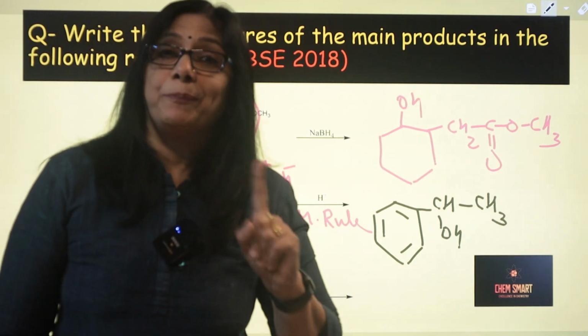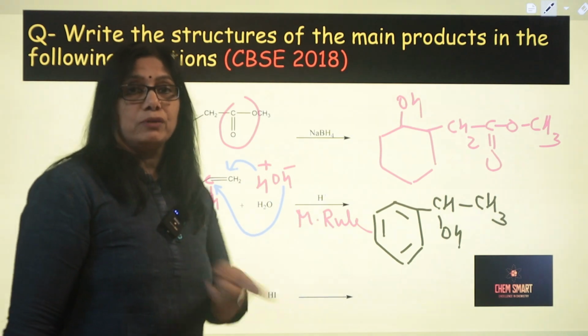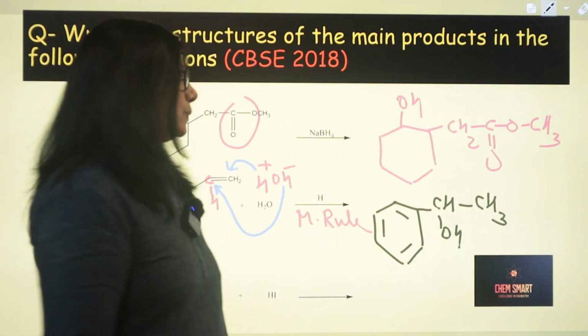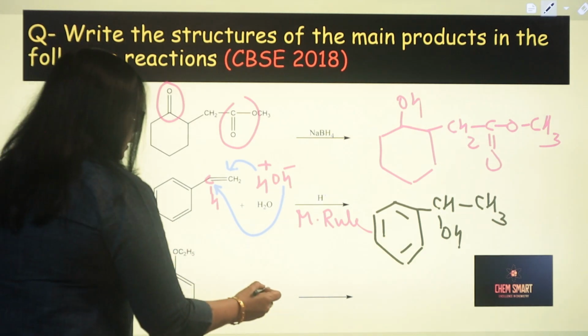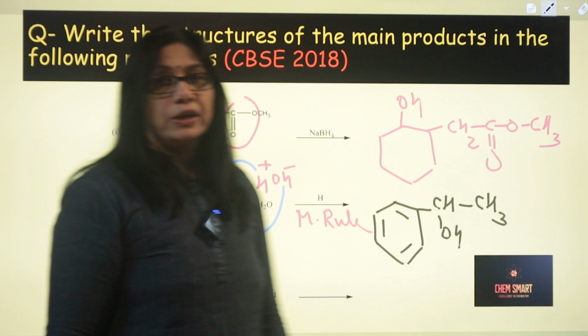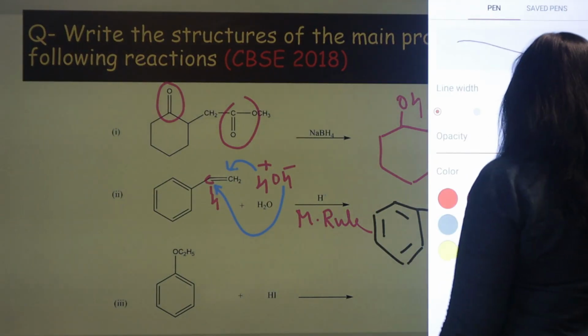Apply properly. Okay? Adding water to an unsymmetrical alkene, follow Markovnikov's rule. Now, the next one, it's an ether. Ether is going to get cleaved using hydrogen halide. And what you have to do here.